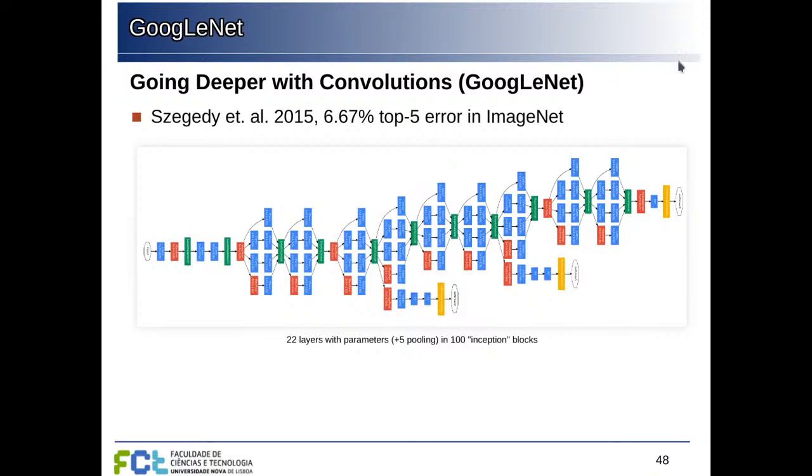So then this is a more elaborate and larger network in 2015. This got a much lower top 5 error, the GoogLeNet, and you see here all the convolution layers and the complex architecture with different outputs at different levels and so on.